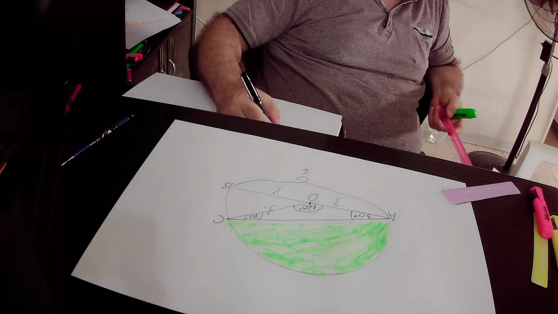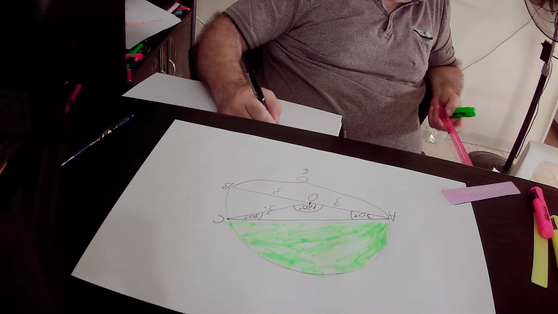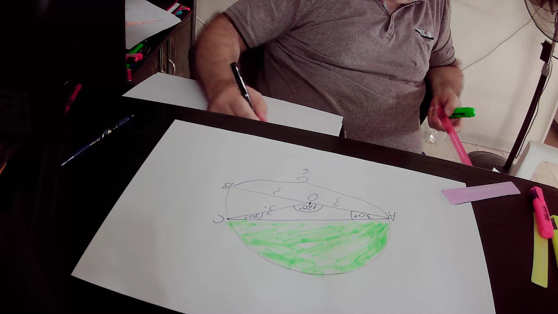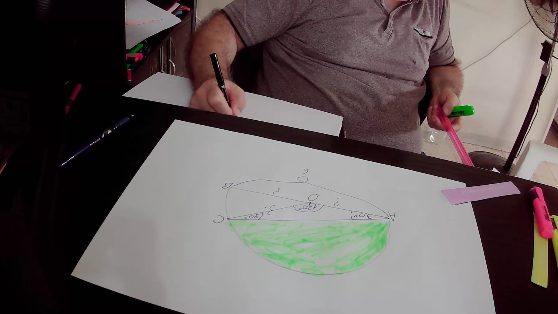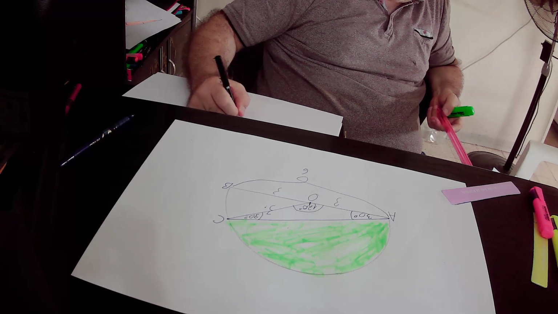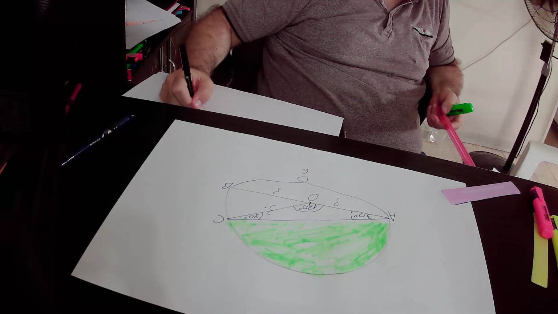The area of the green shape equals the area of sector AOC minus the area of triangle AOC.